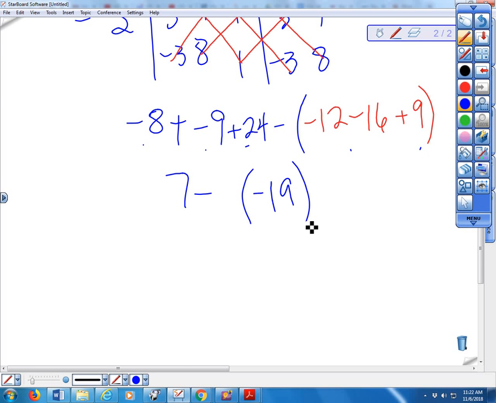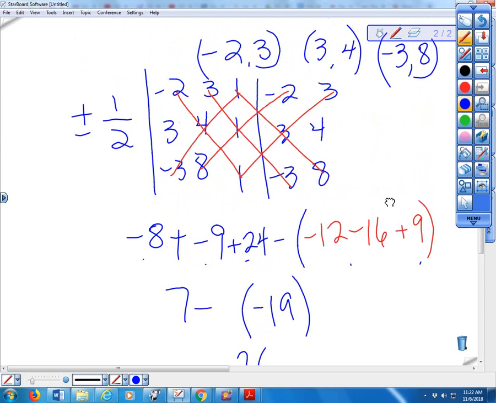So I subtract and get 26. So now we're trying to find the area, right? The formula is half of this. So it's 13. If my determinant had been negative, that's why we put the plus or minus there. Because I'd be multiplying it by -1/2. It's essentially taking the absolute value. Is that right? Look at that.